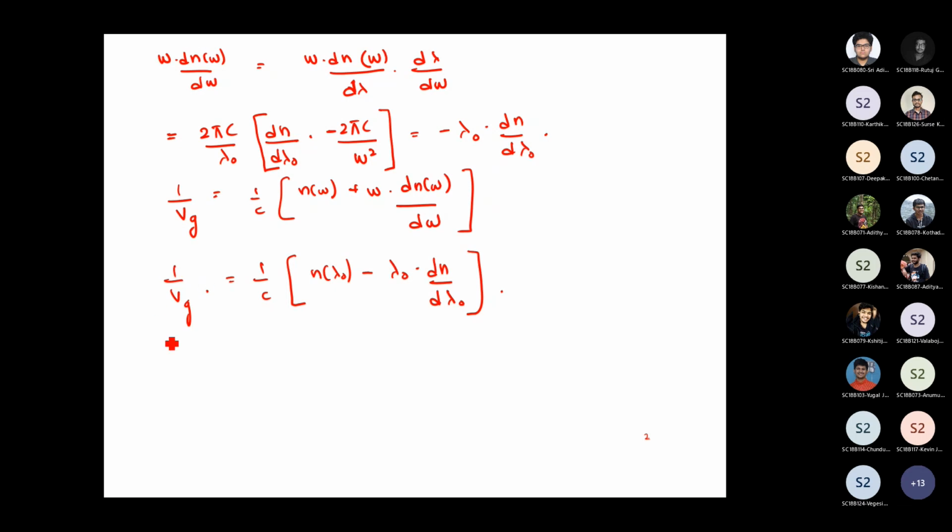From this expression for the group velocity, you can infer that Vg is going to be the inverse of this one.